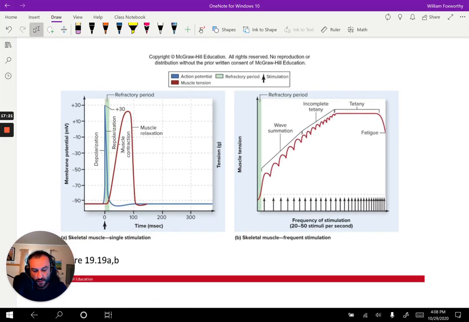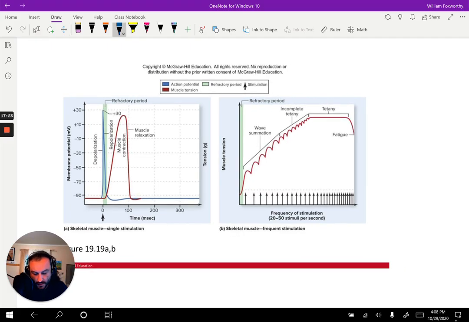So in a skeletal muscle, you have the action potential, which is the electrical activity that precedes the muscle contraction. And then shortly after that, you have the muscle contraction.